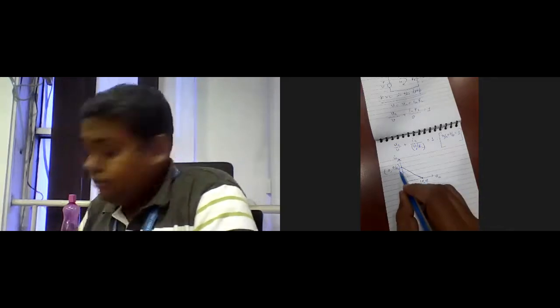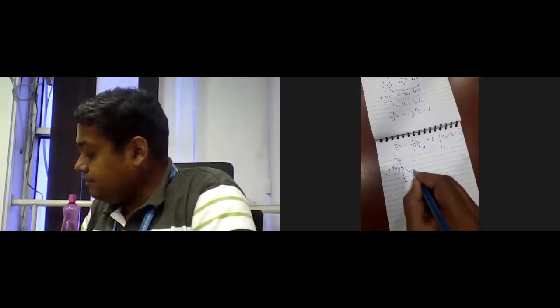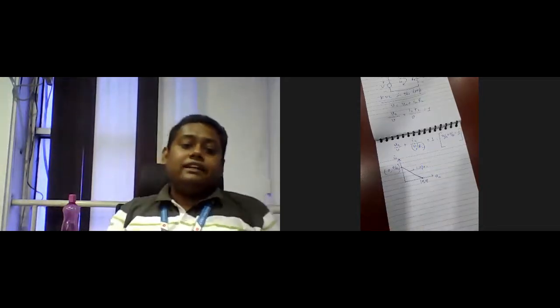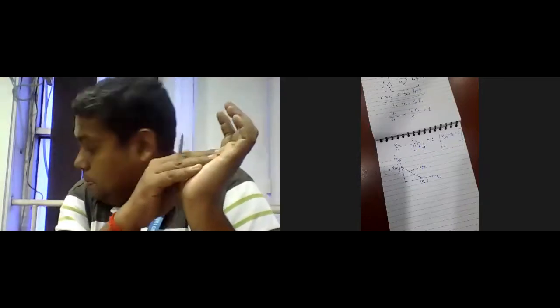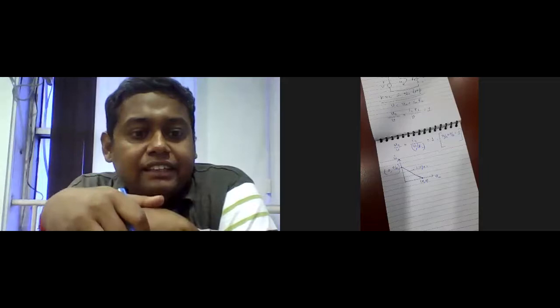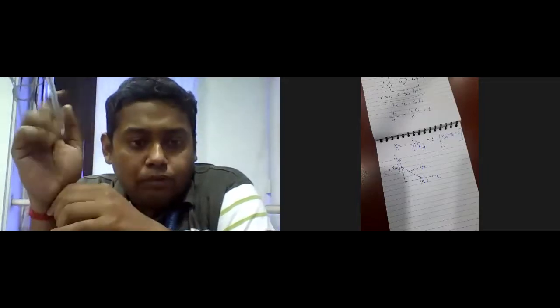Can you define what the slope of this straight line is? Anyone, can you tell me the slope of the straight line? Sir, y is equal to mx plus c. That is, m is the slope of the straight line and c is the intercept on the y-axis.